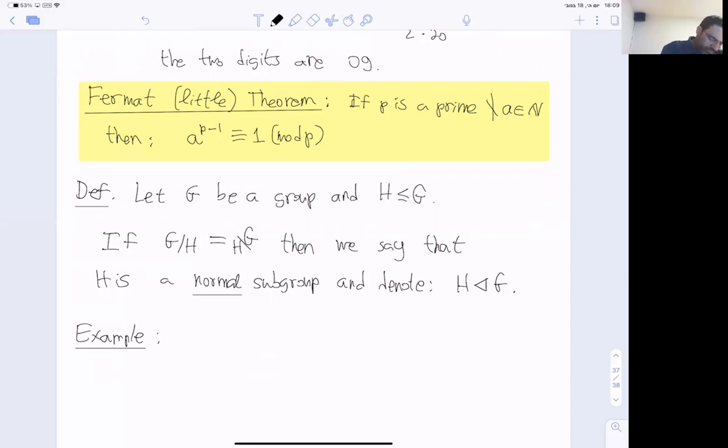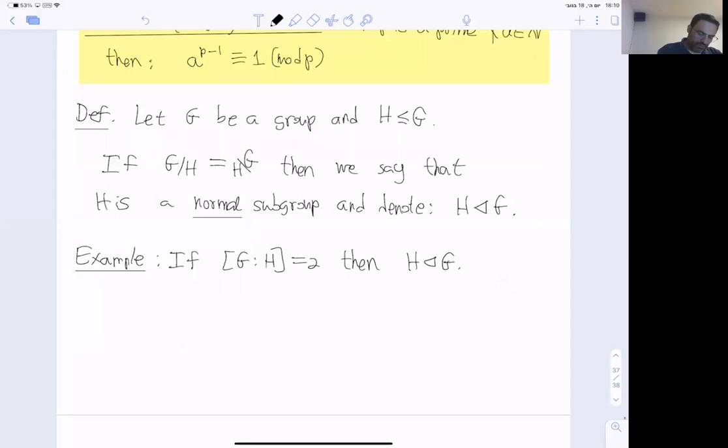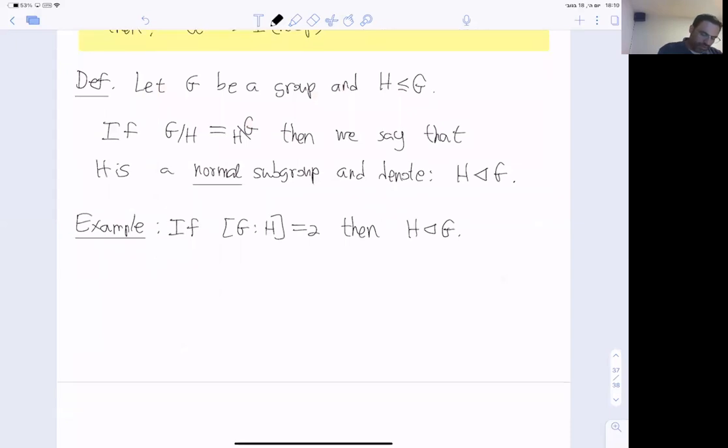If the index of H inside G is 2, then H is a normal subgroup of G. It must be. Why? Because the left cosets can be H and what?